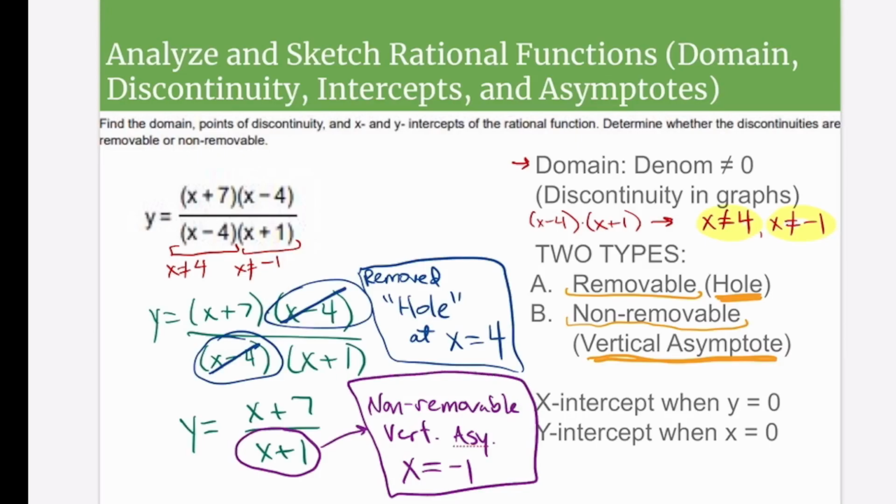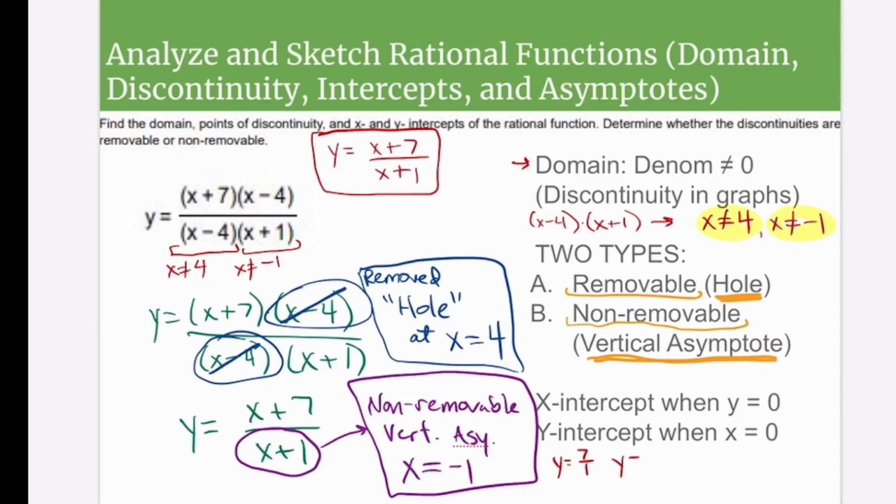So to find your x and y intercept, the last 2 parts of this, we just plug in values. Now that we have a simplified version, y is equal to x plus 7 divided by x plus 1, we can use this equation to find our x and y intercept. For the y-intercept, when you plug in 0 for x, you would get 7 over 1.